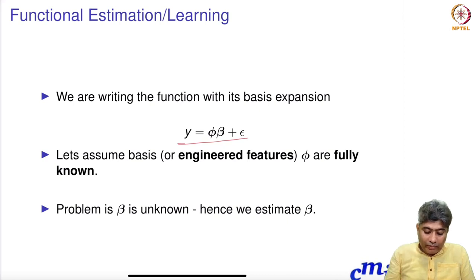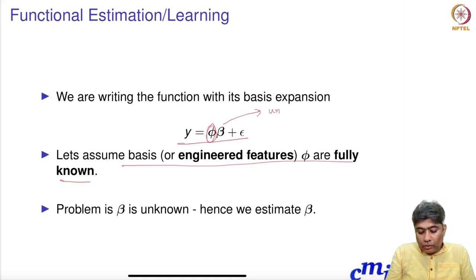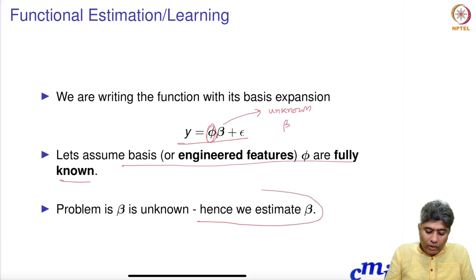Let's assume these bases or the engineered functions are fully known to us. This is the assumption we are making. This phi system is completely known to us, and beta is completely unknown.